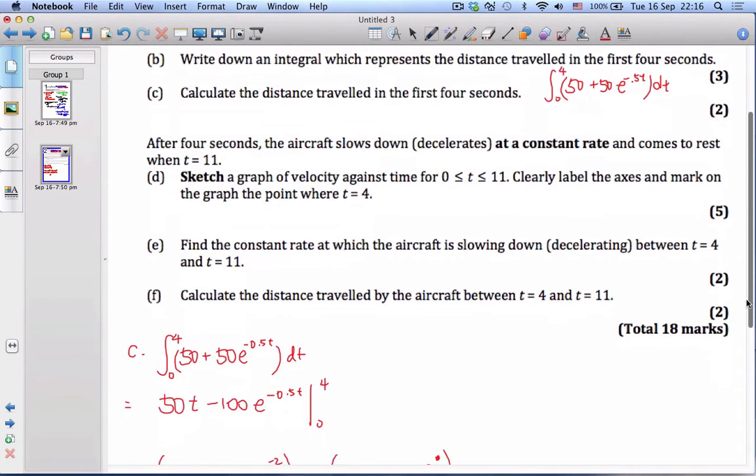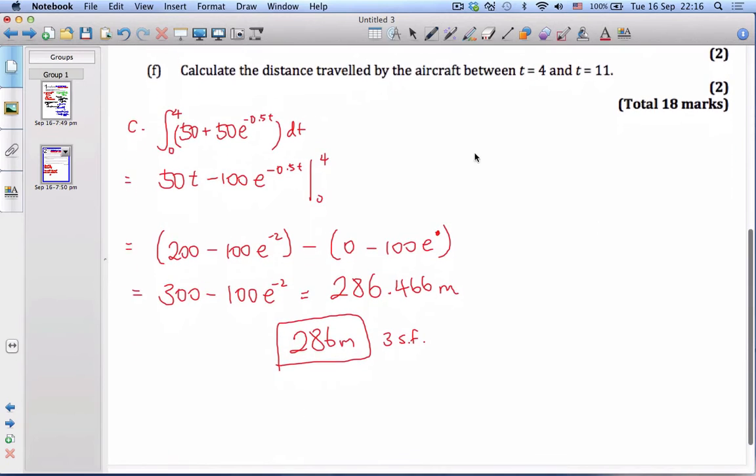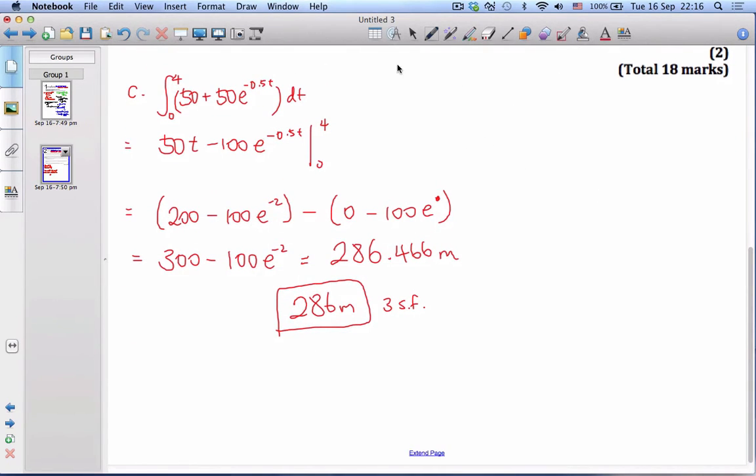So if you remember those things, for D, I'll use a different color and do it here. Let's say that's 50, and that's about 100. Here is the velocity, and here is time. So let's put 11 here, 4 there, and 0.